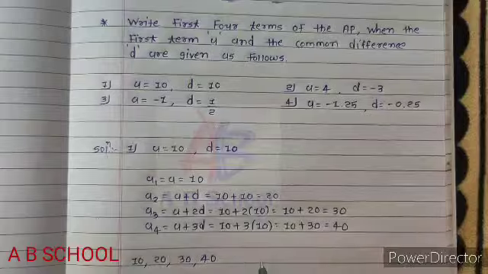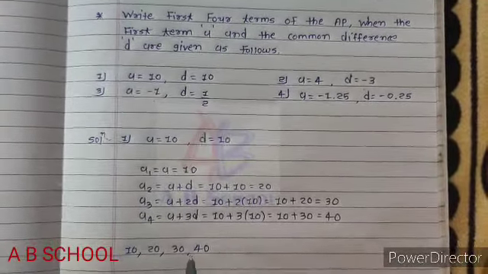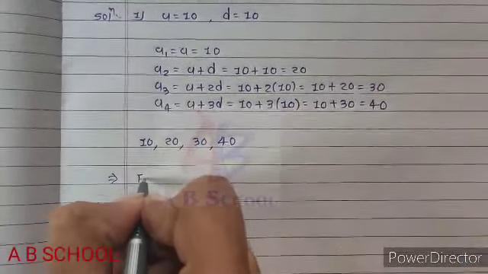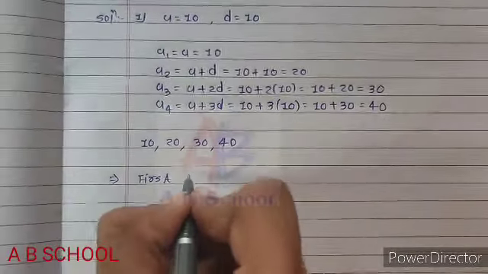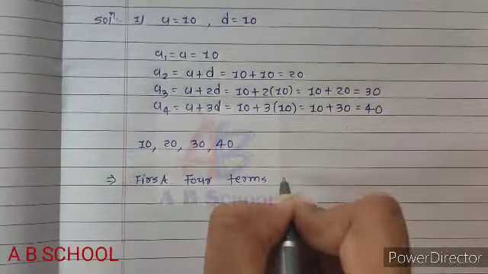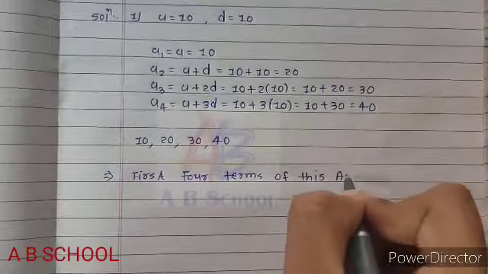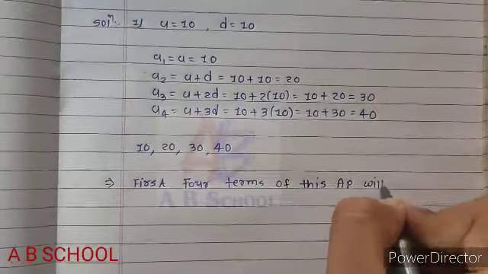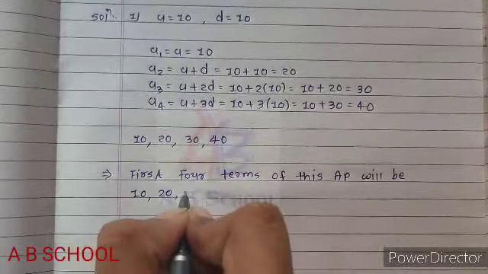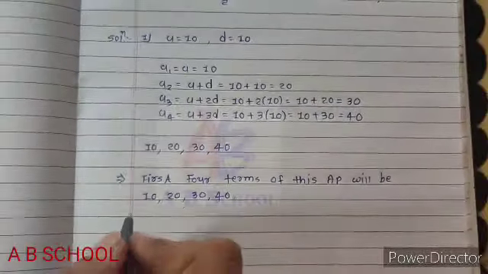So the first four terms of this AP will be 10, 20, 30, 40.